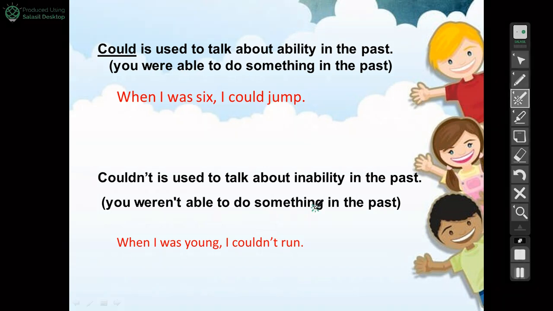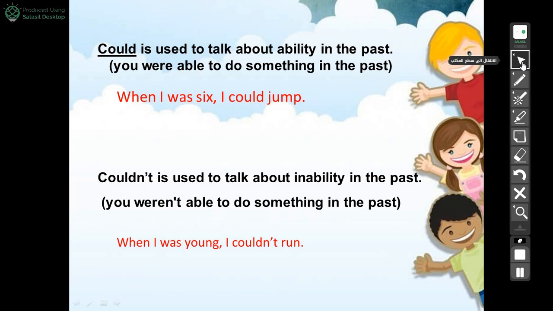Here, that happened in the past. لم أستطع الركض. We use couldn't, and after couldn't, we have run, an infinitive verb, فعل مجرد من غير أي إضافة, without any addition.